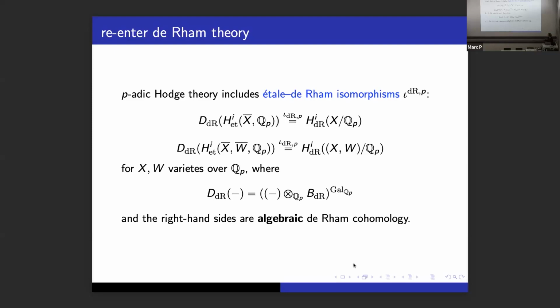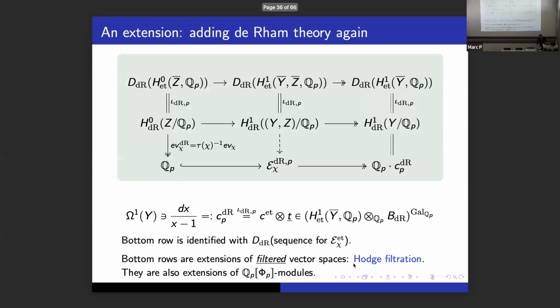I've put on these slides some definitions, but we don't actually need them for what we want to do. I just want to say that there's some functor that's taking this étale cohomology to algebraic de Rham cohomology in our setting. And so again, all I've done is take that diagram where I had singular cohomology in the top line, and I've replaced it with the image of my étale sequence under that functor.